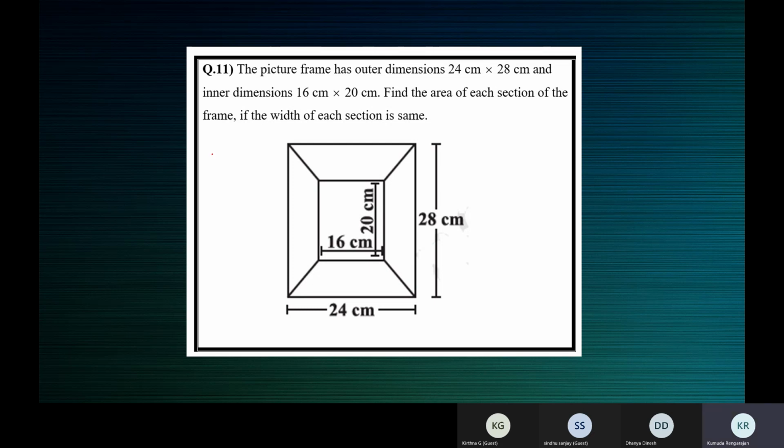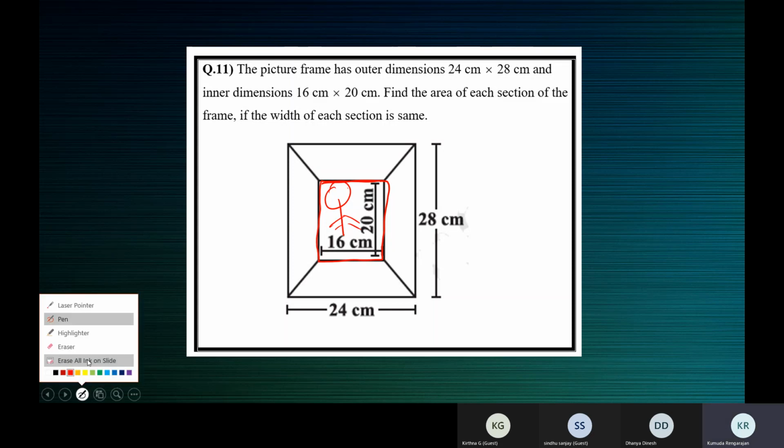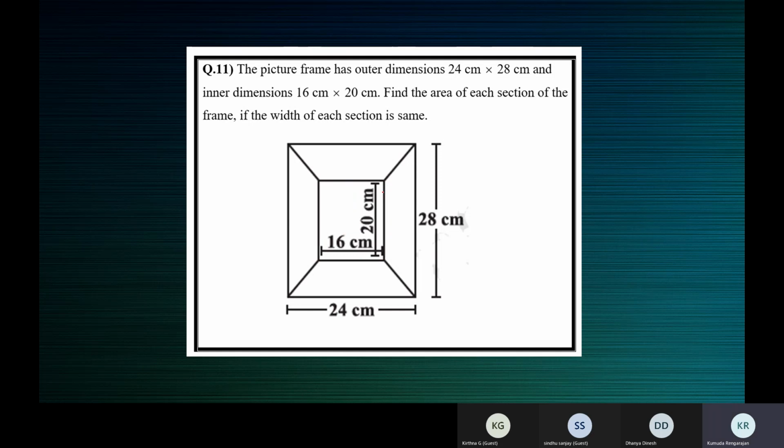Okay, so this is a picture frame. Here is the picture. This is the frame. This rectangular portion is where you will place the photograph or whatever picture it is.